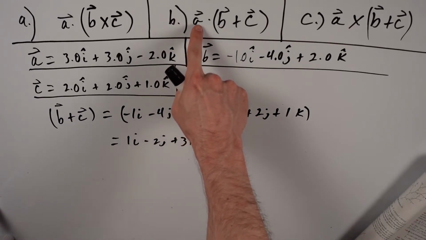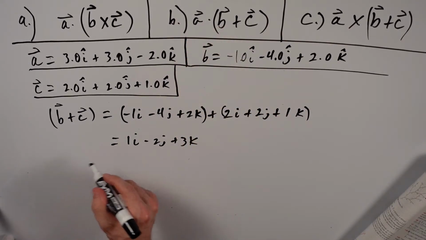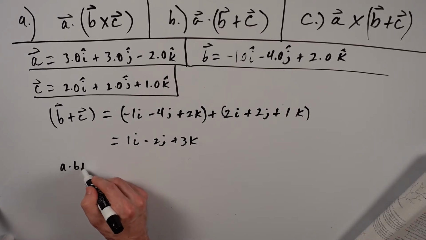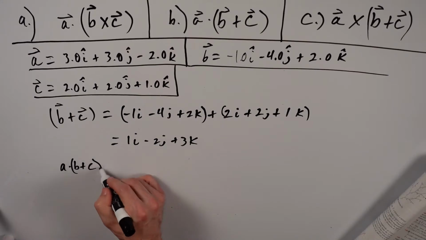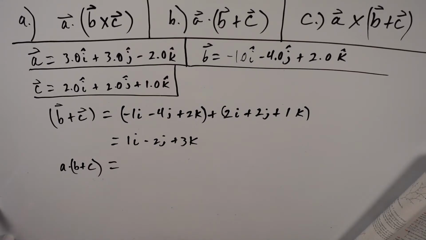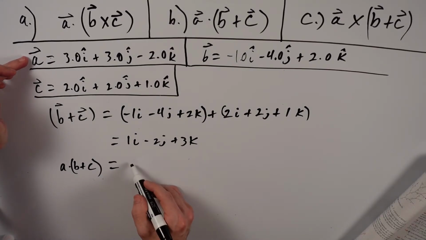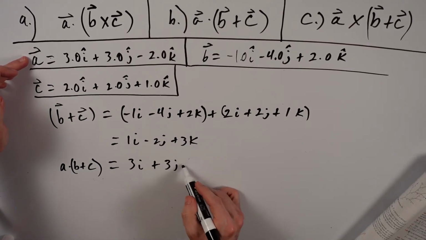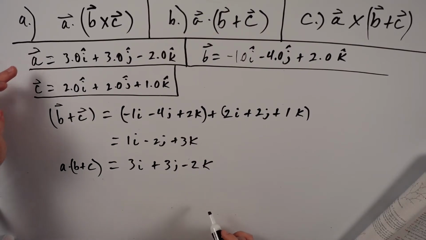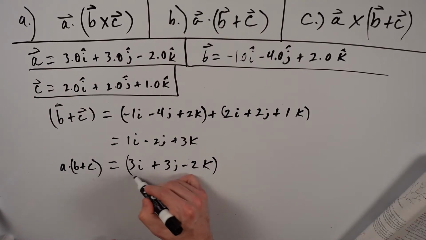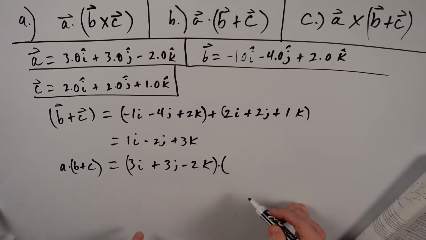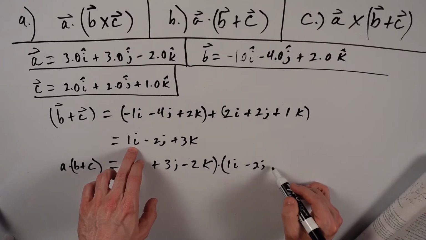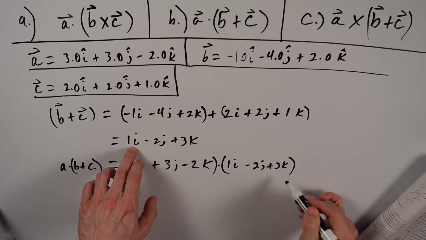Again, we're dotting it with A up here, so now we're going to do A dotted to this. So we have 3I plus 3J minus 2K, and that's going to be dotted with 1I minus 2J plus 3K.